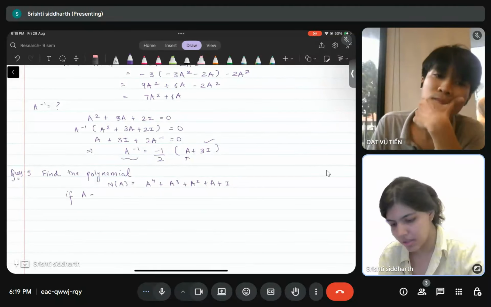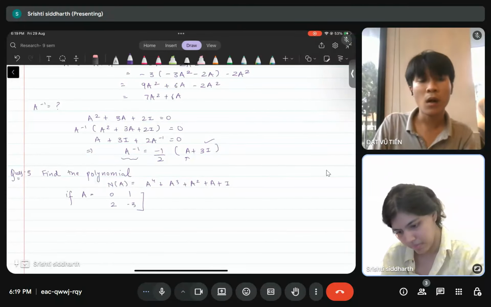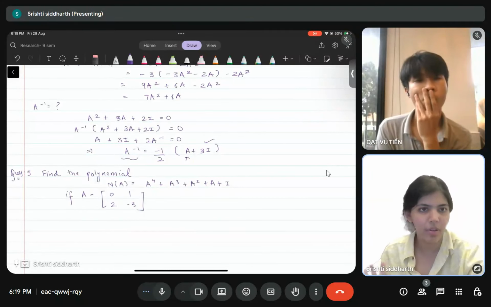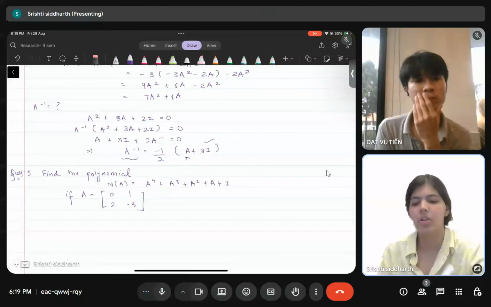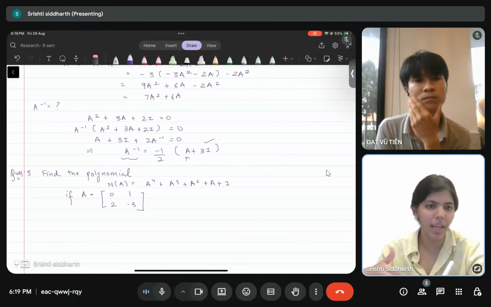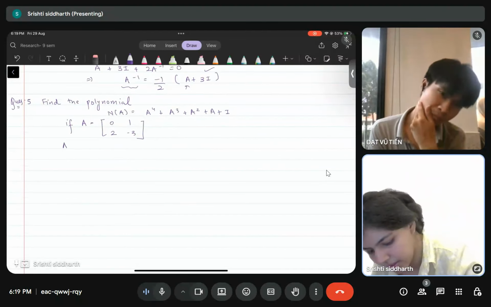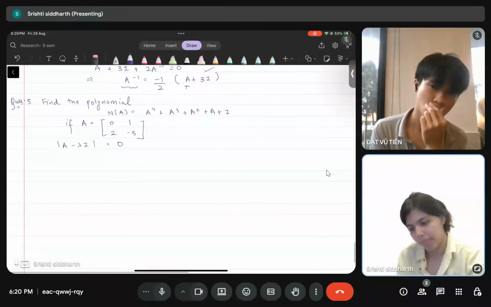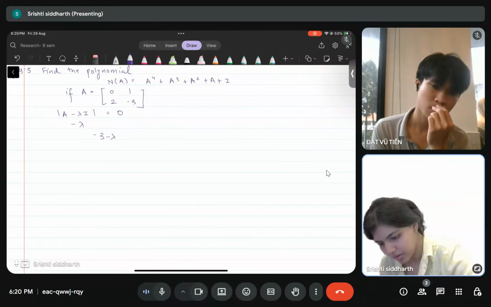A is 0, 1, 2 and 3. If there are very high powers of A, the first guess should be that we should use the Cayley-Hamilton theorem so that we don't keep on multiplying A four times or thrice. So let's figure out what's the characteristic equation. This is it. So it's minus lambda, it's 3 minus lambda.